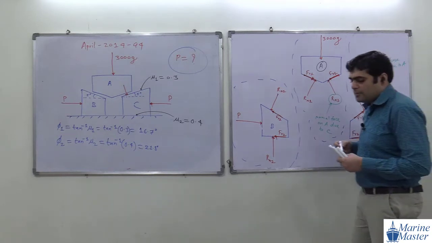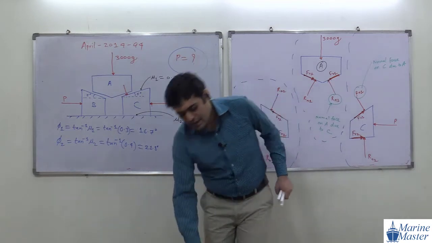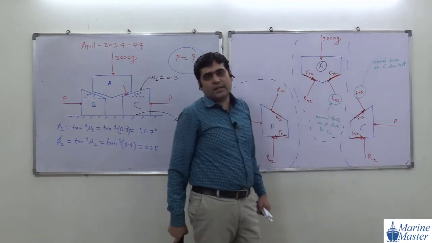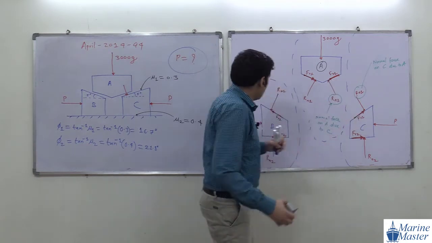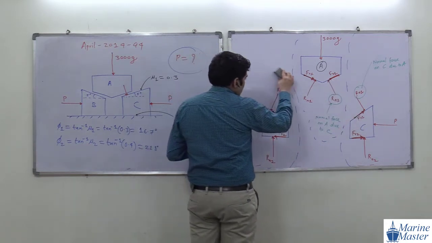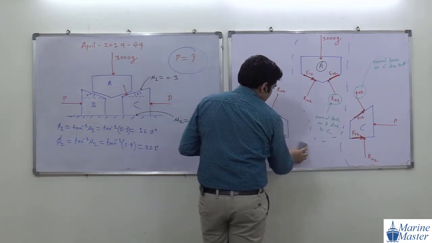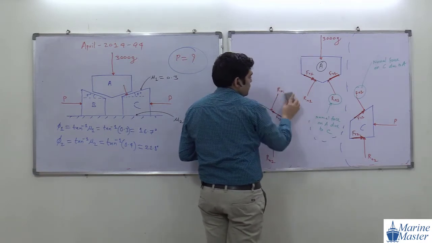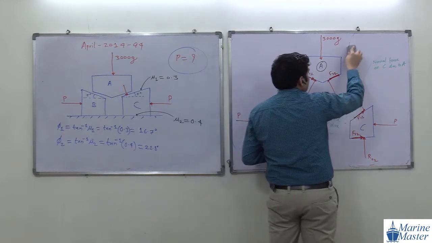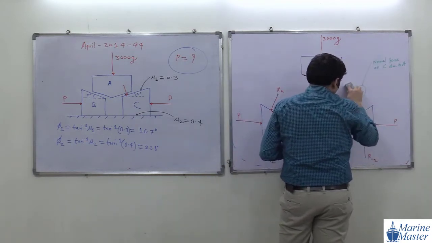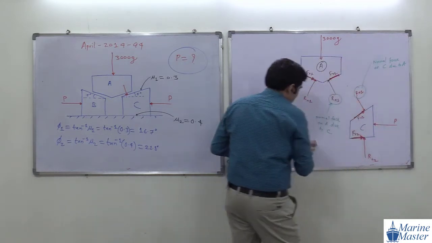So how many total force systems do we have? 3. This is another one, this is another one. Very, very important discussion we are doing. So here we have a 3 force system, means 3 systems are there.